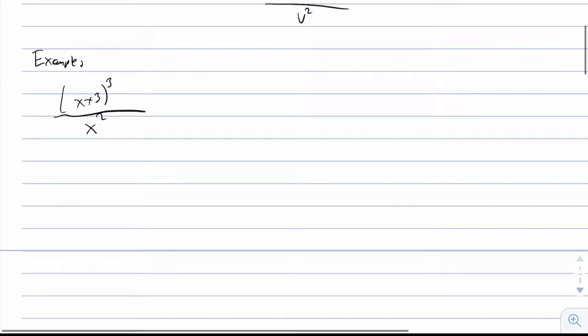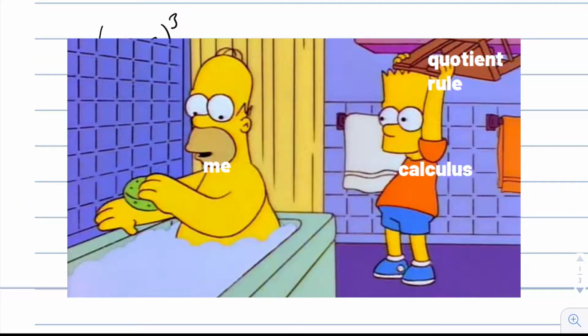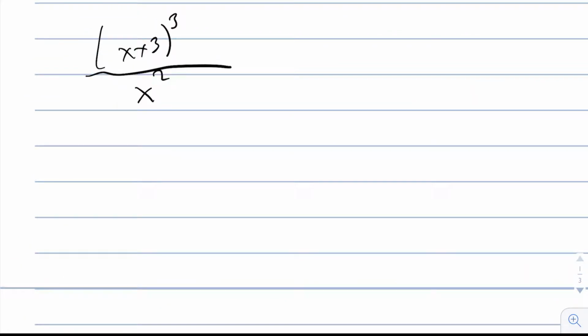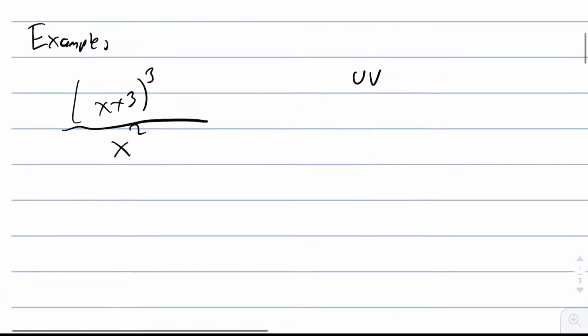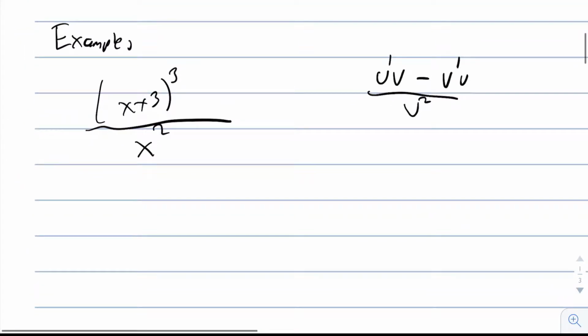And to show you why I don't really like this, I'm going to do some examples and torture myself a little bit. So we got x plus 3 to the third over x squared. Well, remember, it's u prime v minus v prime u over v squared. All right, so now we need the derivative of this thing.